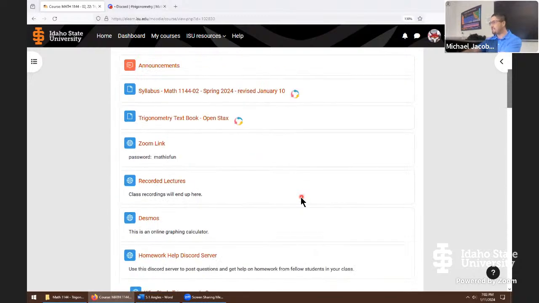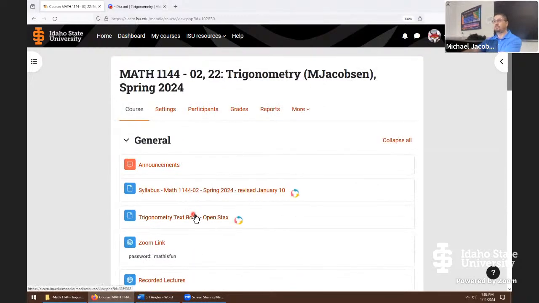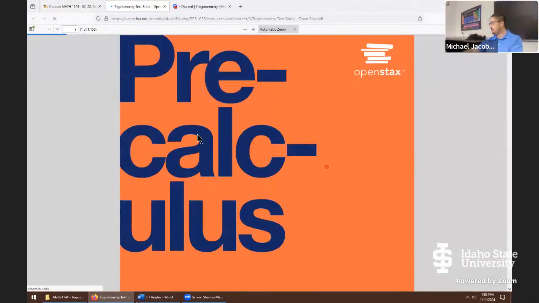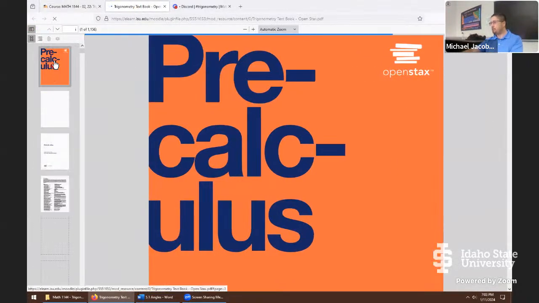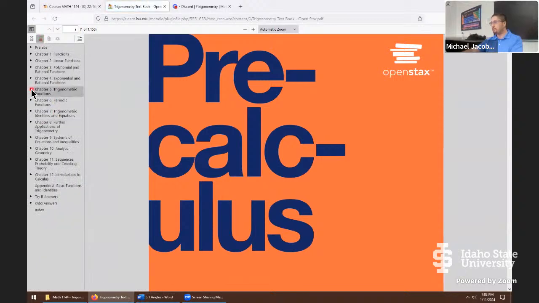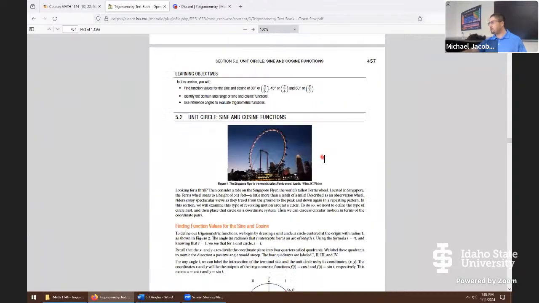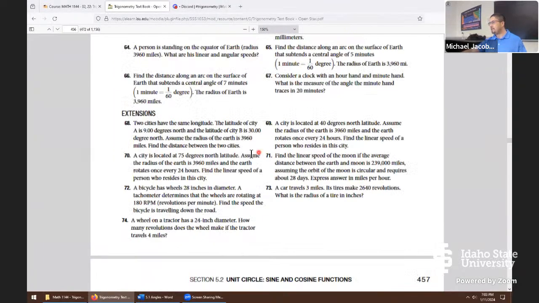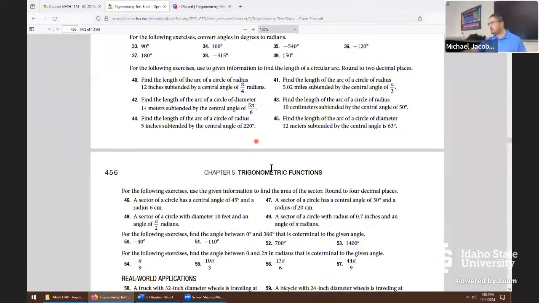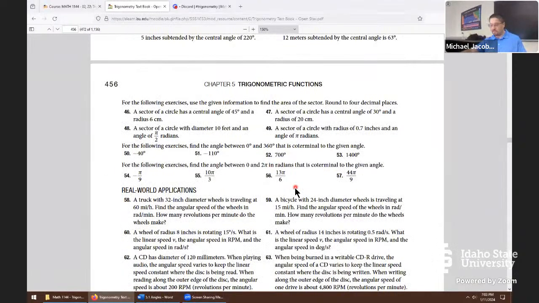One cool feature about our class is, here's the book. It's free, just like we had going on in college algebra. And in this book, you could go to, let's see, we're in section 5.1. And let's suppose, even though it's not assigned, that maybe you're doing this problem, say, for example.